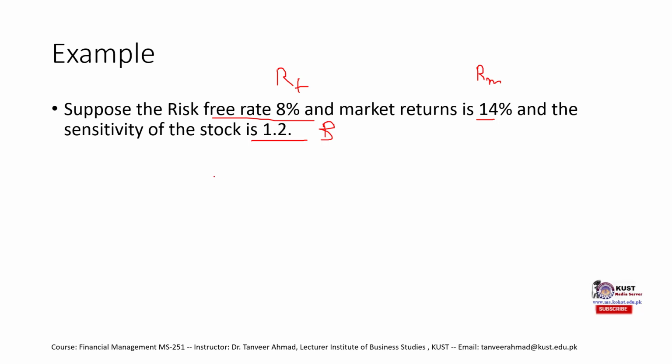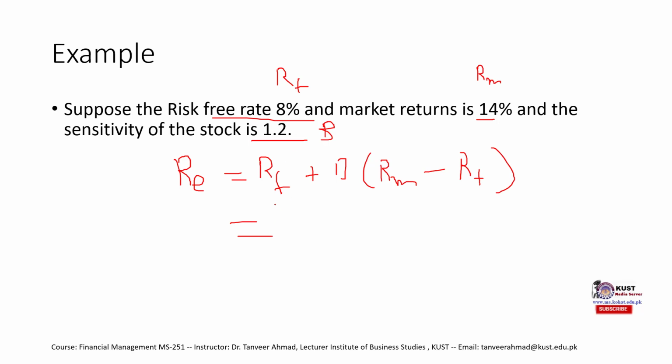So we need to find the cost of equity, and the formula is RF plus beta into RM minus RF.